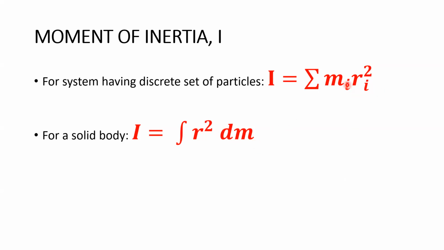It's just that you don't have a denominator here. And then in the numerator, instead of x, you have an x square type of term. Okay, so integral r square dm. Again, you have to understand, this is just a definition.